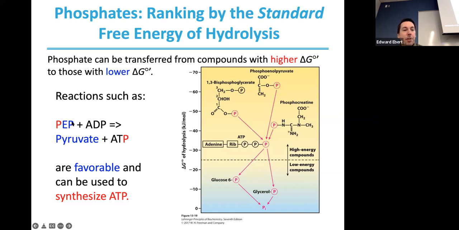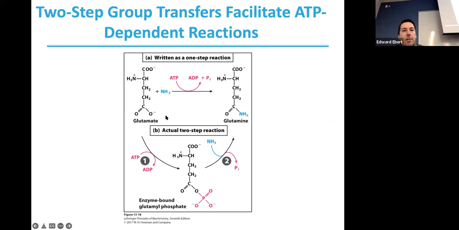We can use phosphoenolpyruvate plus ADP, take that phosphate group off and add it to the ADP to make ATP. So this is just a hierarchy of energy. We'll probably talk mainly about ATP being used, but again, phosphocreatine, all that good stuff.